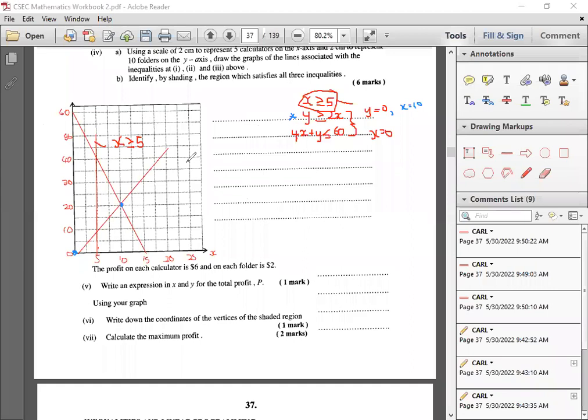And in the case of y being greater than or equal to 2x, if you put in x equals 0, you're going to get 0 for y. So you choose another value for x. Clear to everybody?